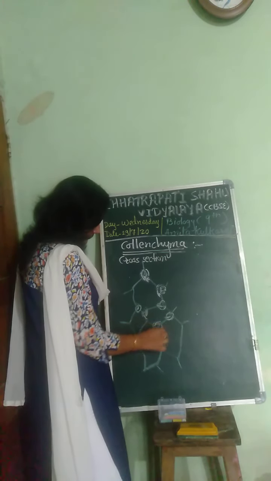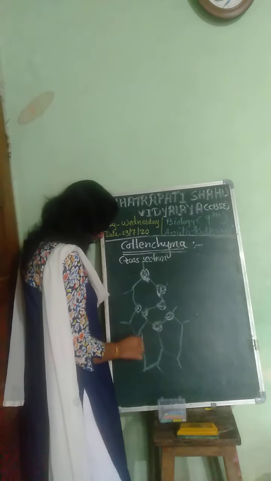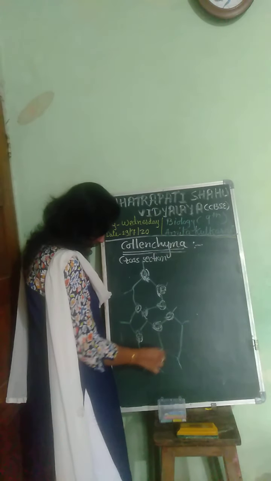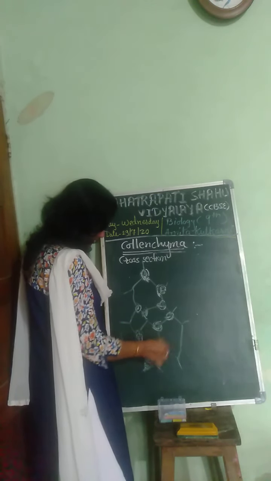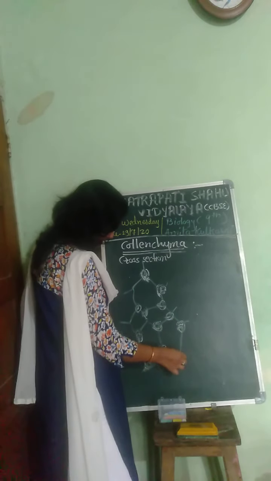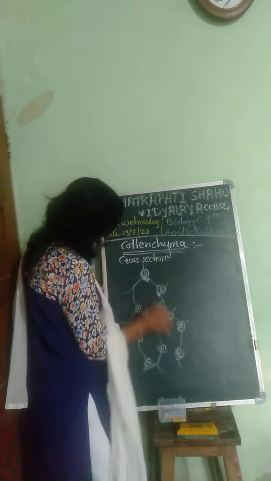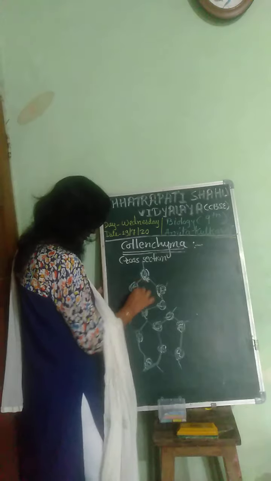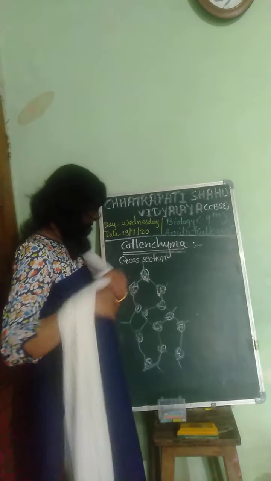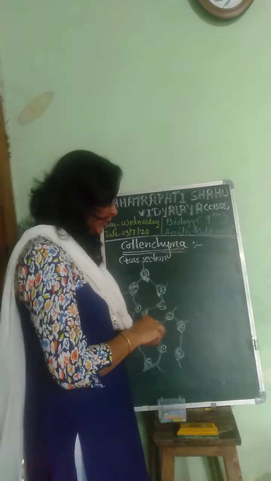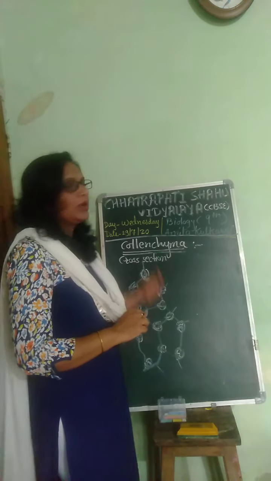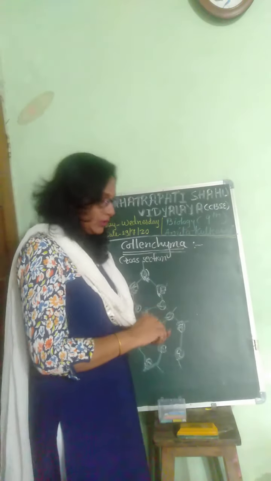So their cytoplasm is irregularly dense. Okay, so this is how the cross section of collenchyma tissue looks.